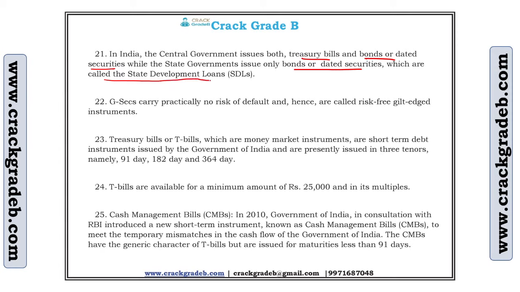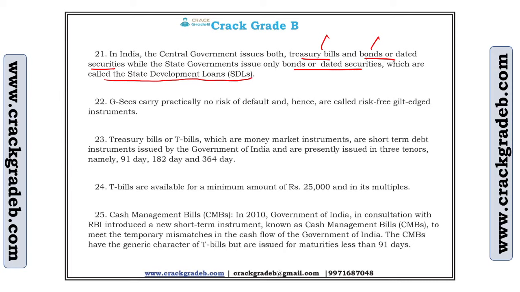See, I'll tell you the difference between treasury bills and bonds. Look, if the government wants money, it has two options, treasury bill and bond. Now, when will the government go towards a treasury bill and when towards a bond?